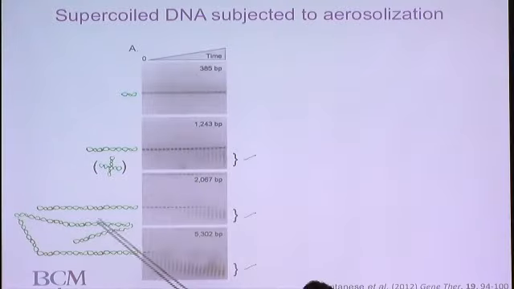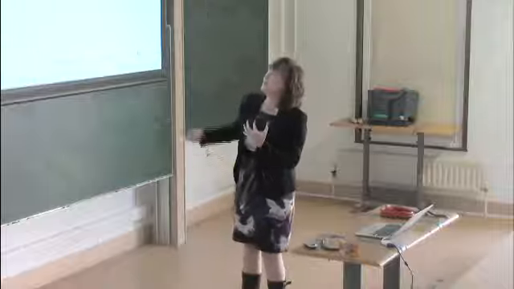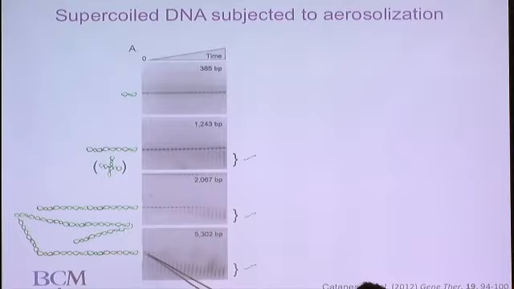So here's what the other plasmids were. This is why they abandoned it as a hopeless point. And we just said, how small can you go before the thing will actually survive the shear forces in nebulization? You can see these are the gels. So here's the plasmid going away. Here's a 2000 base pair plasmid, and it survives pretty well. You can see an accumulation of these same sized products.